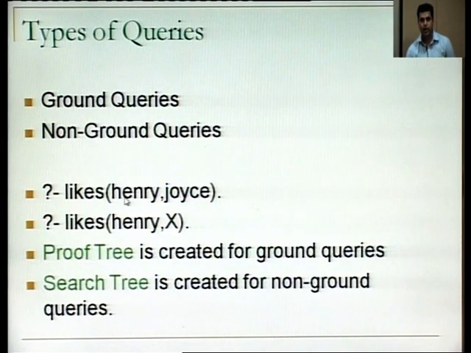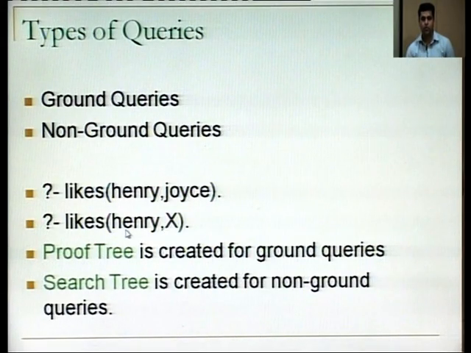It means Henry likes Joyce, yes or no. The answer will come in the form of yes or no only. Like in the non ground query, you have to give each and every possible value for this variable X, right. That is why the name is search tree. And proof tree means you want to give a proof whether Henry likes Joyce or not.